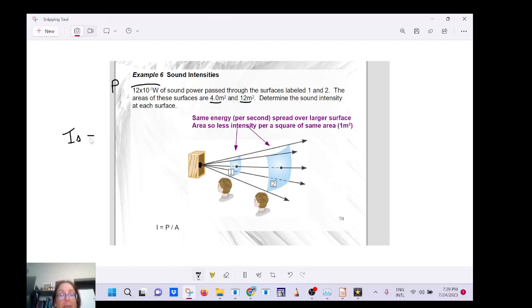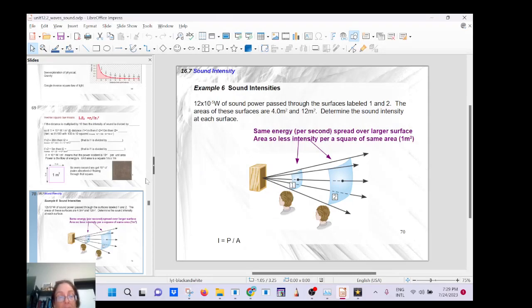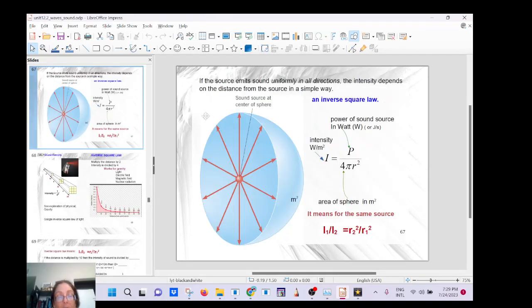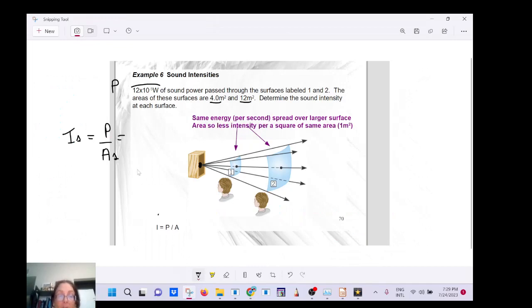I1 equals the power divided by area 1. Area 1 is given. It's not three-dimensional, it doesn't go in all directions, so I don't use 4 pi r square. It's just a speaker, so it doesn't go in all directions. So it's going to be 12 times 10 to the negative 5 divided by 4, which is 3 times 10 to the negative 5 watts per meter square.